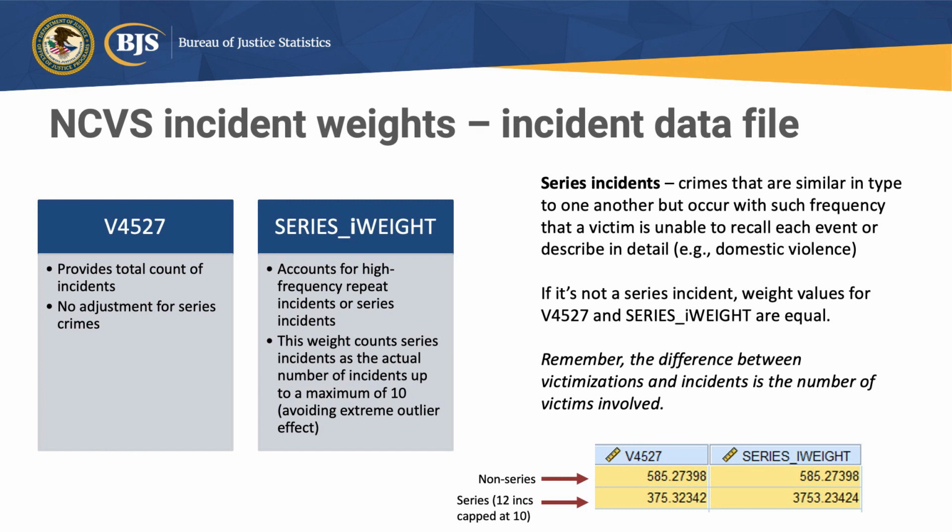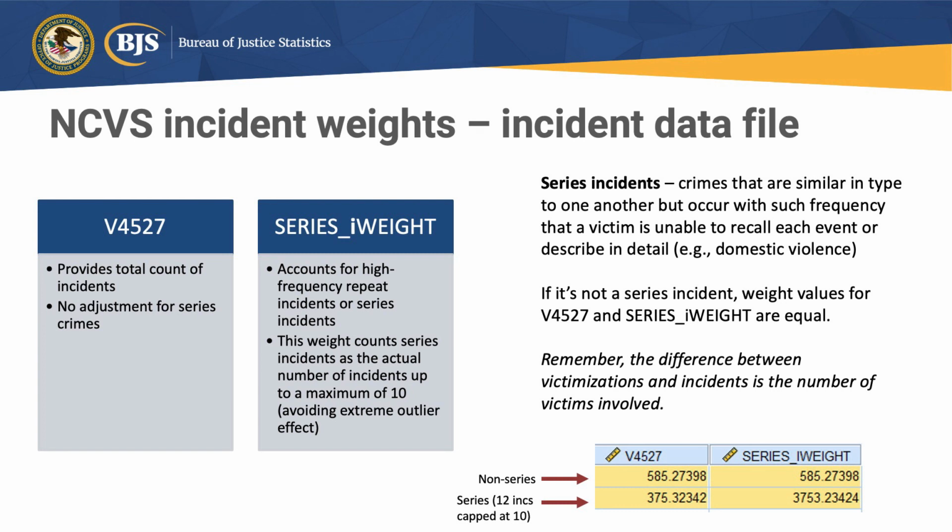This is series_I weight, so the I meaning incident, whereas the one I just talked about before, the victimization series weight, was just series_weight. So this one accounts for high frequency repeat incidents and caps it at 10, just like I talked about before, to avoid the extreme outlier effect. Again, if it's not a series incident, these weight values would be equal in the data.